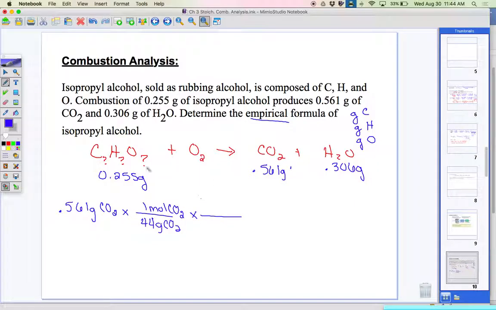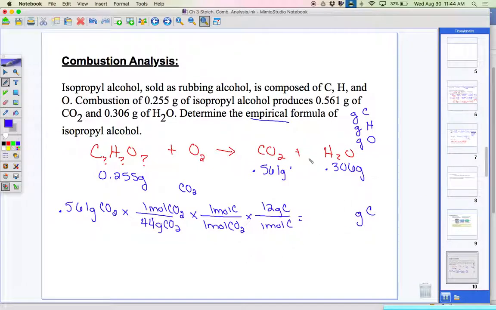We don't have a balanced equation, but we're not worried about the relationship between carbon dioxide and something else. We're worried about the relationship between the carbon in the carbon dioxide. So how many carbons are in one carbon dioxide? One. So for every 1 mole of carbon dioxide, I have 1 mole of carbon. And then every mole of carbon weighs 12 grams. So we can do the math there. That will give us grams of carbon.